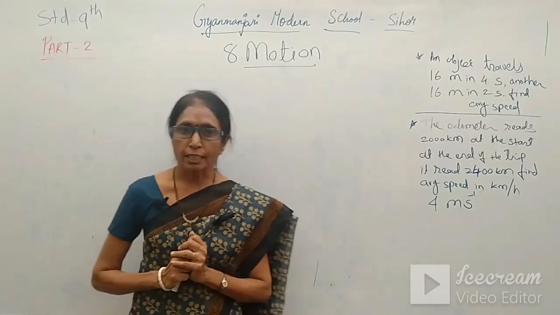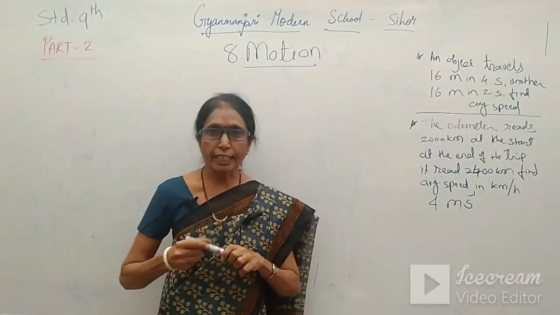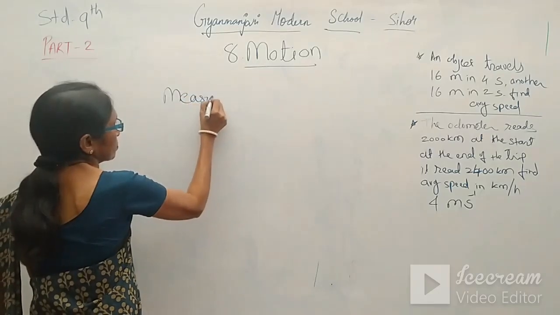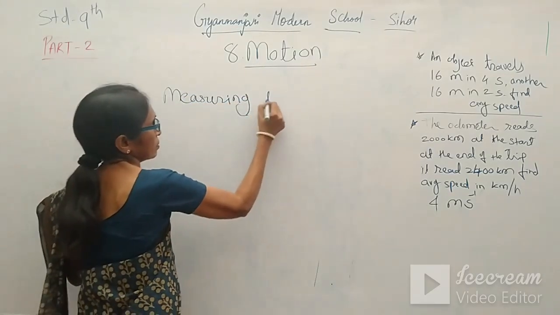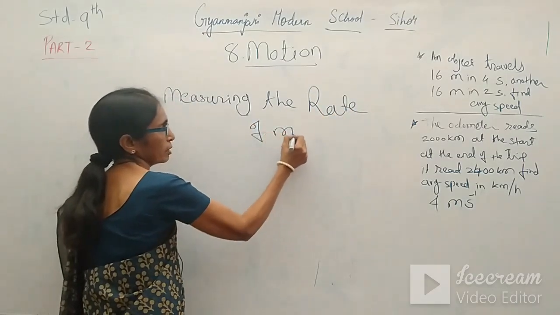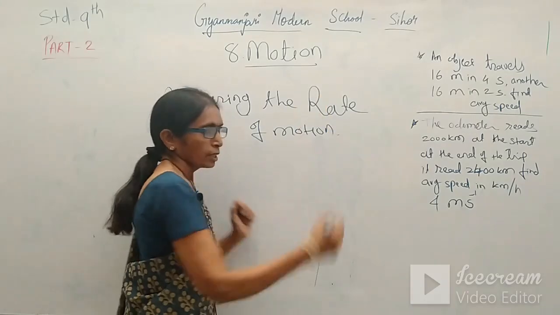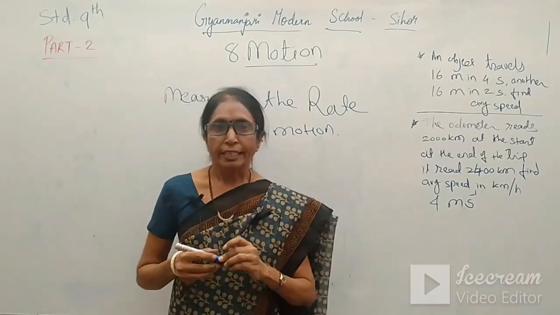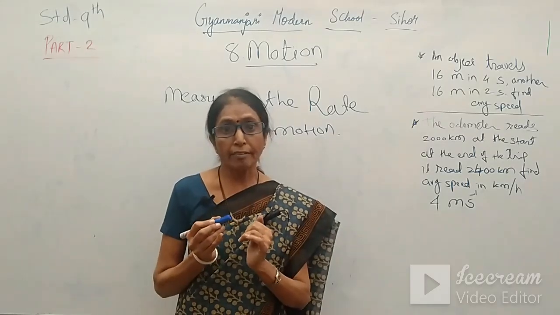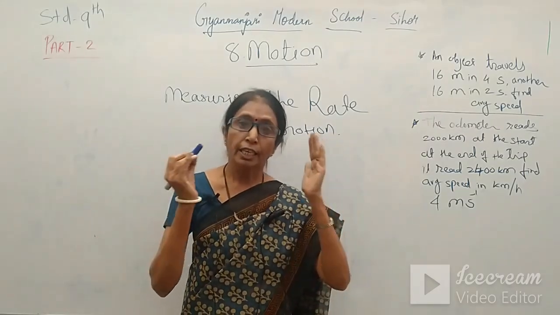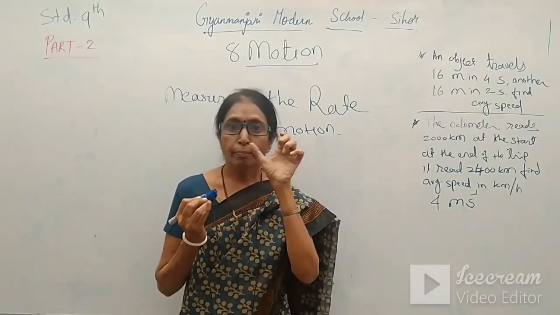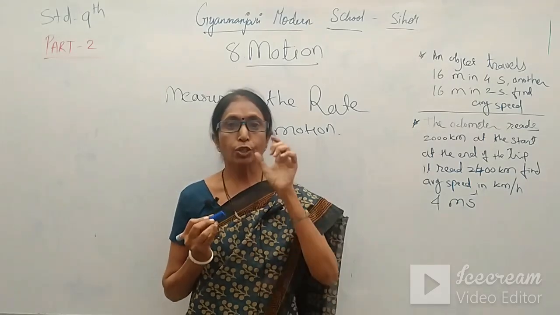Now, our today's first point is measuring the rate of motion. You know, some objects travel more distance in a small interval of time, and some objects travel less distance in a less interval of time. So, the rate of measuring the motion is called speed.